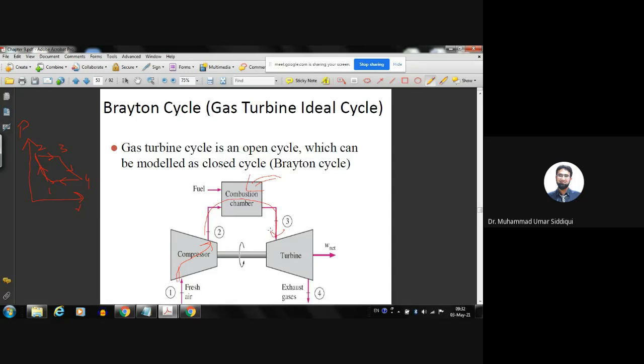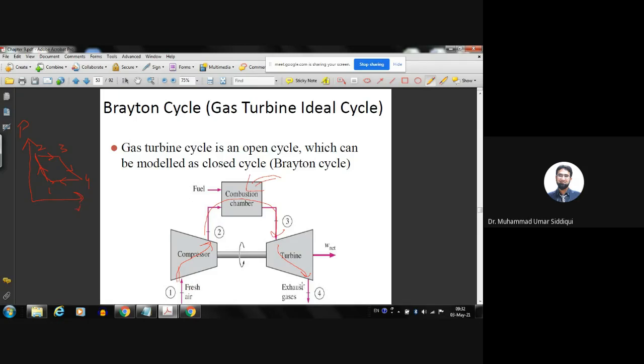Then the exhaust gases of the combustion chamber enter the turbine, and the expansion occurs, so basically the pressure reduces from 3 to 4. After that, 4 to 1 is a constant pressure heat rejection. It's basically the exhaust that occurs in real cycles.